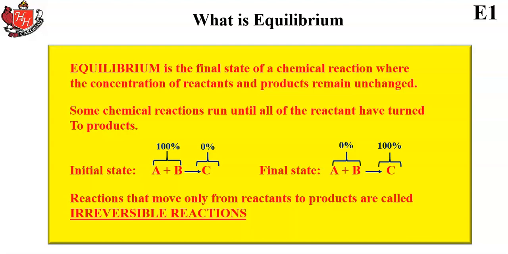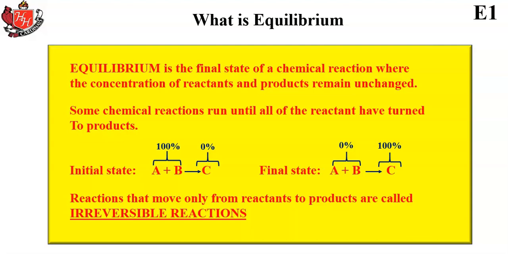So in the example I have here, if you have two reactants A and B that turn into the product C, we've always just assumed that you start off entirely with reactants, so 100% of what's in the reaction chamber, the vessel, is reactants, and none of it is product. And then by the end, it's all turned into products, so you don't have any reactants left, and all of it is product. Reactions that move only from reactants to products are called irreversible reactions.